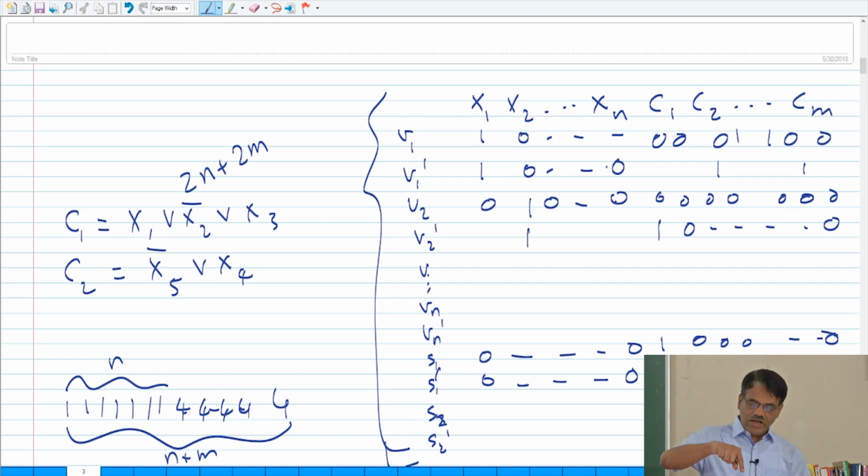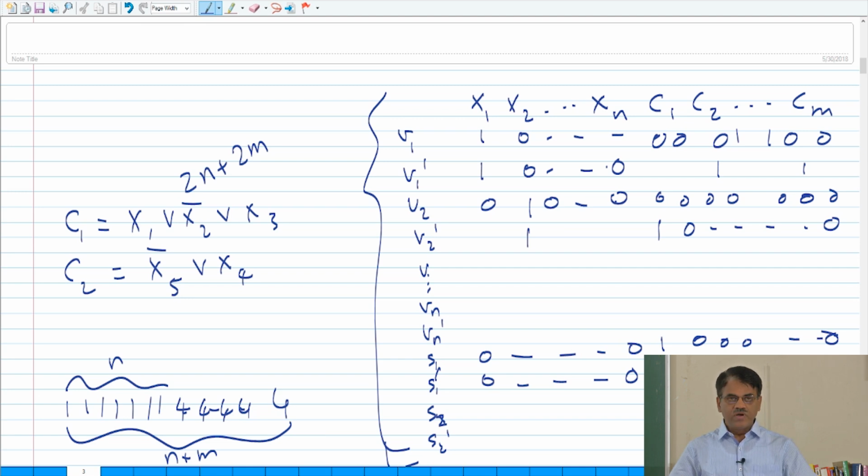So if I have to get 1 in an xi position, how can I get it? You have to pick vi or vi bar, exactly one of them. Good, this gives me an assignment. In an assignment, I want xi or xi bar. That's why I have set my target to be 1. So basically I am talking about the reverse direction.